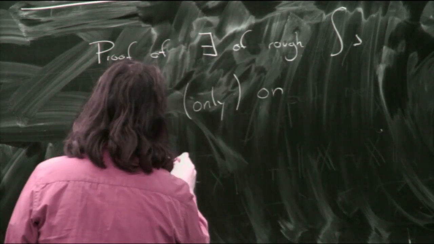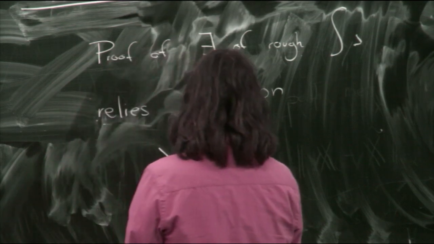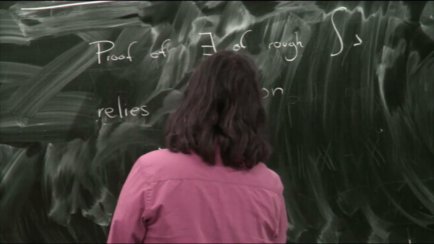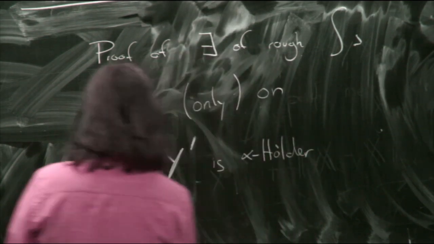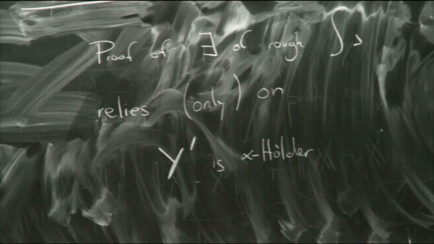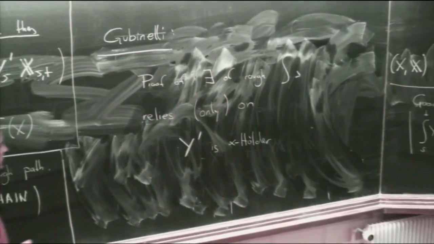Namely, you want that y prime is alpha Hölder. And the other one is that y is well approximated by x. I mean, this is the intuition behind the whole thing. If y is well approximated by x, you can sort of linearize it, and then you will expect that these iterated integrals pop up. Right?